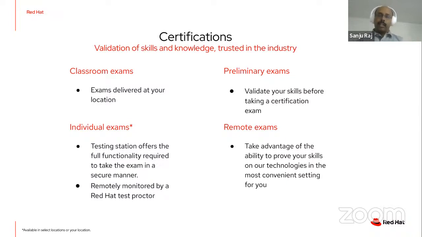In that facility, you will have a system prepared for that environment, remotely monitored by a Red Hat test proctor. You have to pre-book your date and time, and you can visit that center and perform the exam. We do have a preliminary exam.